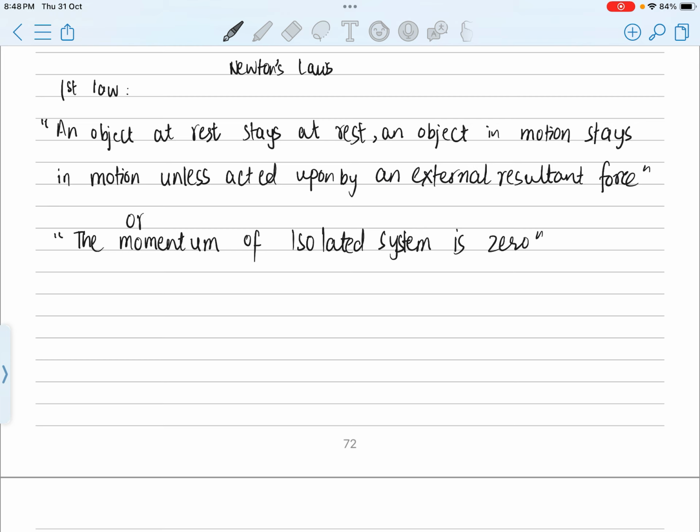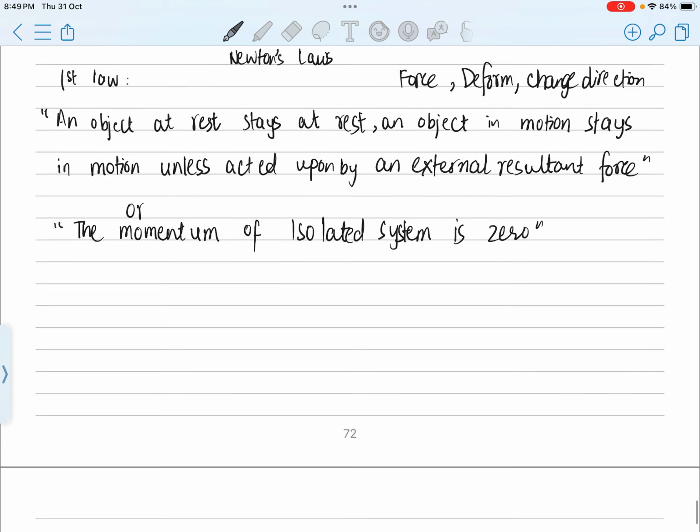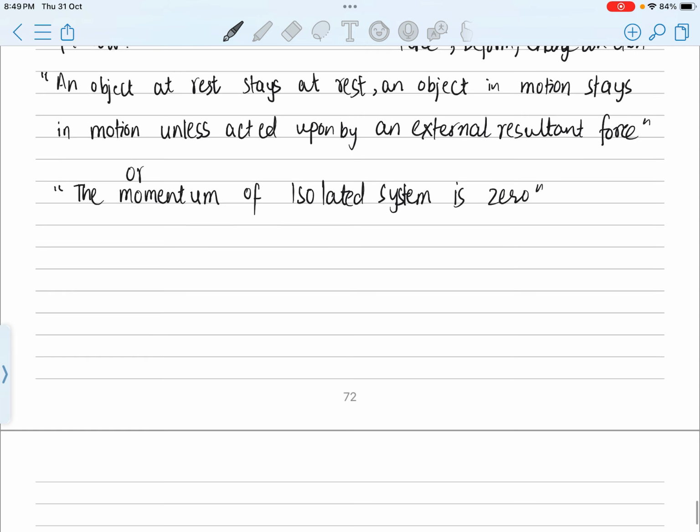We know that a force can deform an object, and it can change the direction of an object. But how does it do that? We can understand this through Newton's laws, and this is a very important discovery in physics.